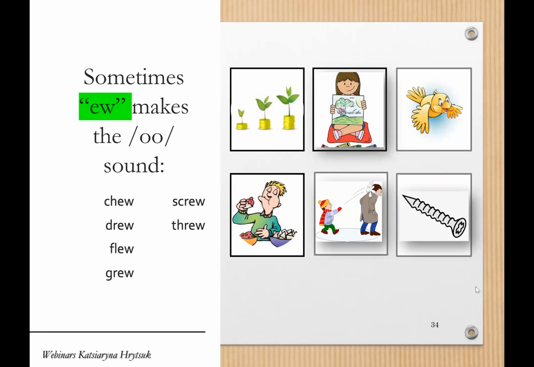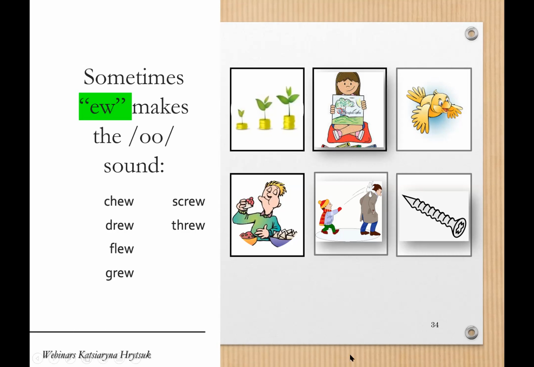When you make sound U, chew, okay, with the combination of EW. Lera, can you read, please? Only read. Chew. Yeah, continue. Chew, draw, flew, grew, screw, through.